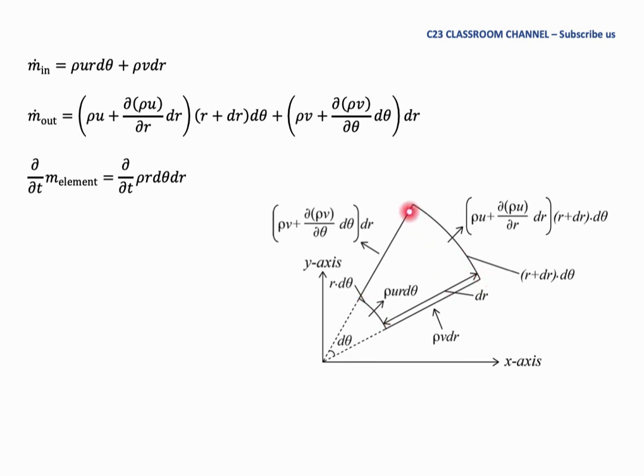Because this element is not the same length here, to simplify this calculation, it is okay for us to take the volume for this one as rho r d theta dr. r d theta is the length of this one, and dr is the distance of this one, and it is okay for us to multiply these two lengths and multiply with 1 to calculate the volume of this element. It is a little bit of a simplification to get the volume for this element.